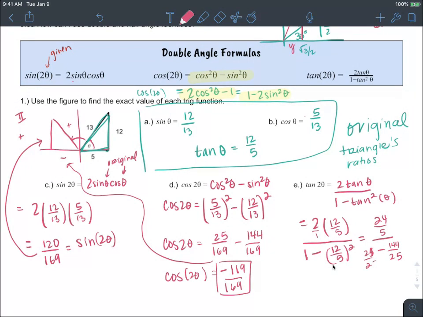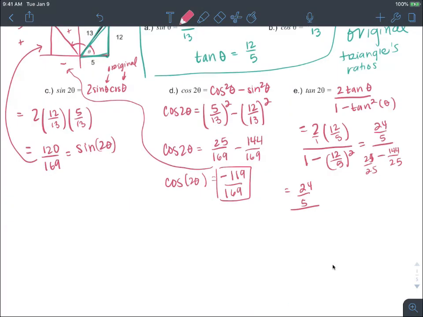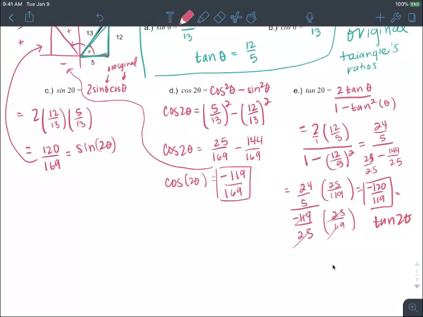This would be 25 over 25. So I get 24 over 5 all over negative 119 over 25. We're going to multiply by the reciprocal. Okay, and those cancel. And we're going to reduce to negative 120 over 119. So that's our tangent ratio, equal to the tangent of 2 theta.